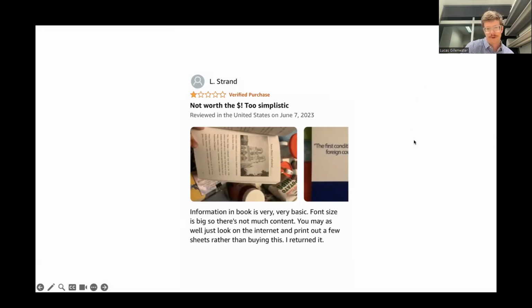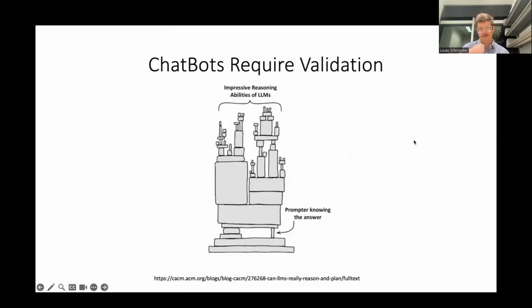And so I bring this up and these other adversarial examples just to reinforce the point that these chatbots really require a lot of validation, and that it's likely that the abilities that we currently are seeing within these chatbots that we might ascribe to reason, so this impressive reasoning ability of these large language models, are often very dependent upon the prompter knowing the answer.